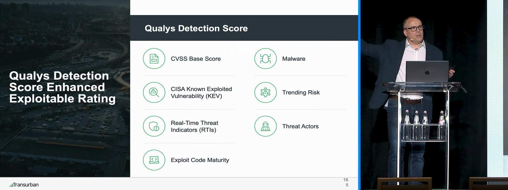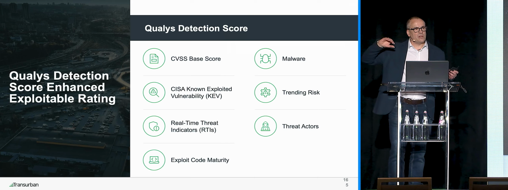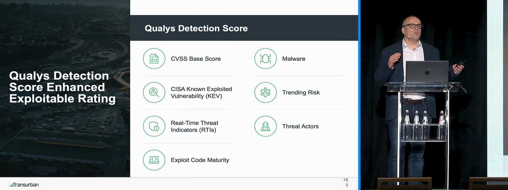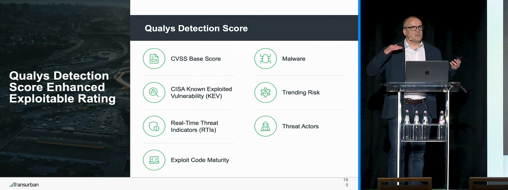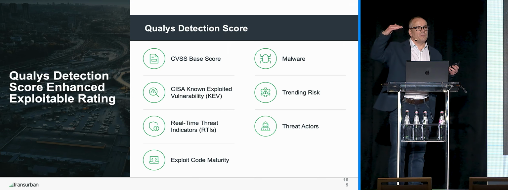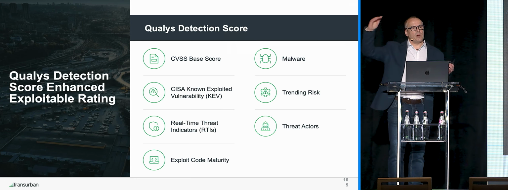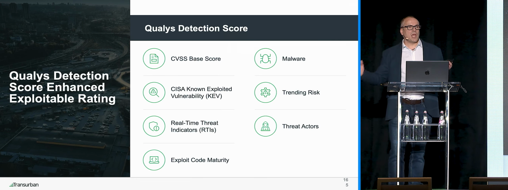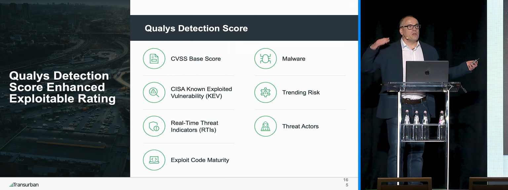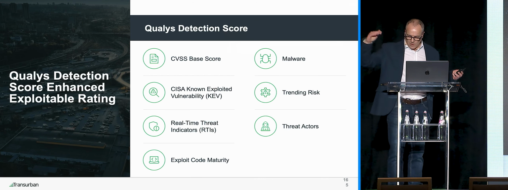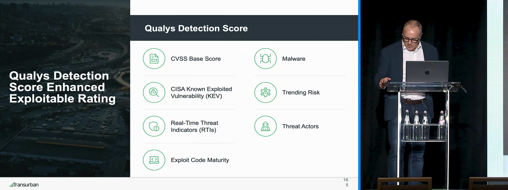We integrated the QDS score, so we just turned on that additional integration, and then we performed a very simple formula where it was QDS plus 10 points for business criticality based on bronze, silver, gold, platinum, another 10 points for PCI, mitigated by 20 points for internal, which came up with a Transurban score, and then we used the similar Qualys scoring to map low, medium, high, critical. We combine high and critical at Transurban.